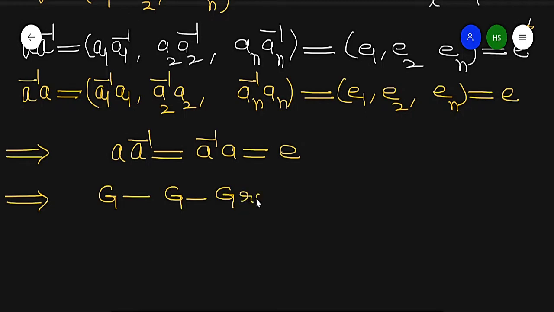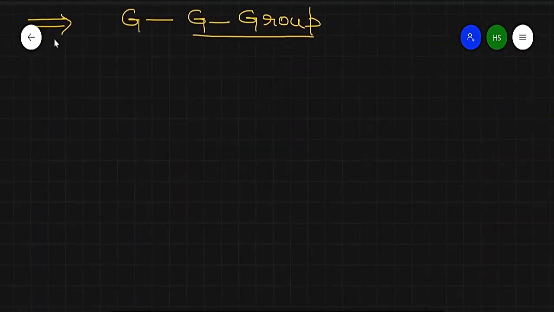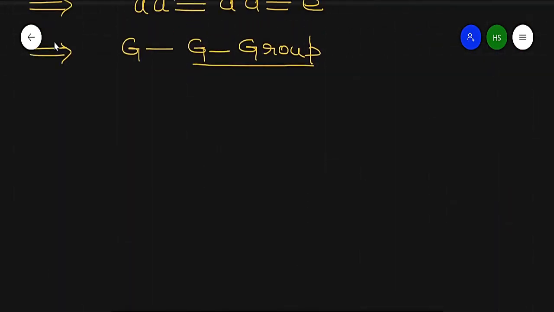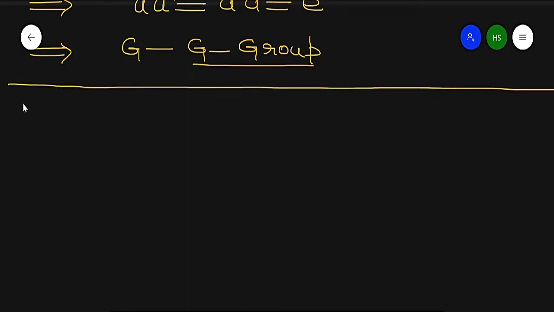So we prove that this G, which is the external direct product of these groups, is called a group, right? Now here remember that if all the Gi are abelian, then G is abelian. So remember two results.